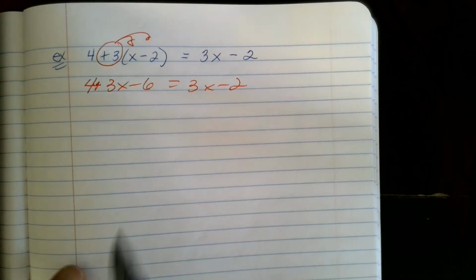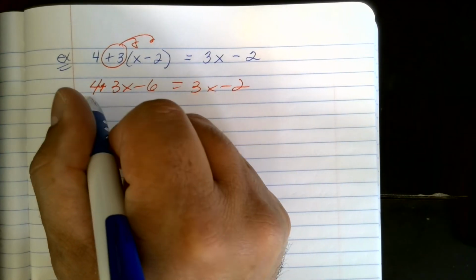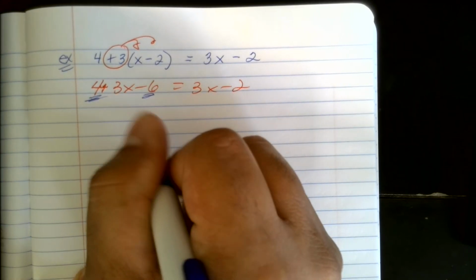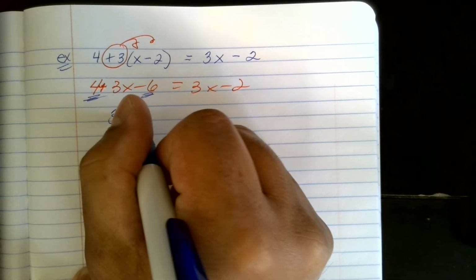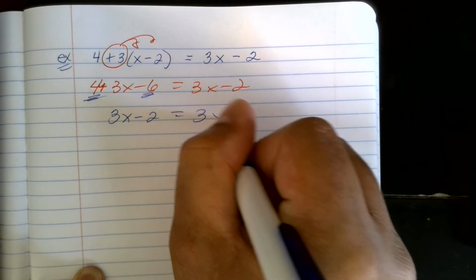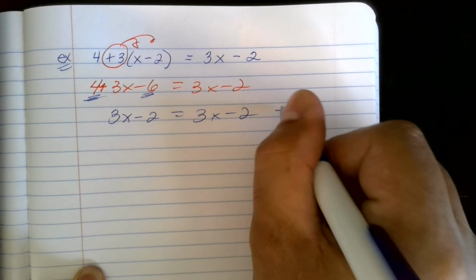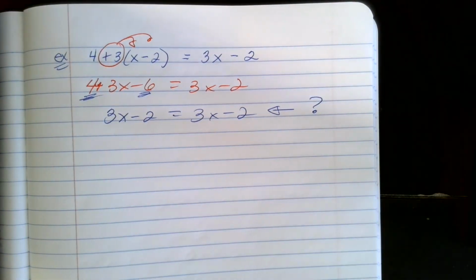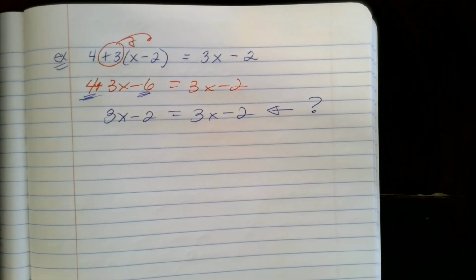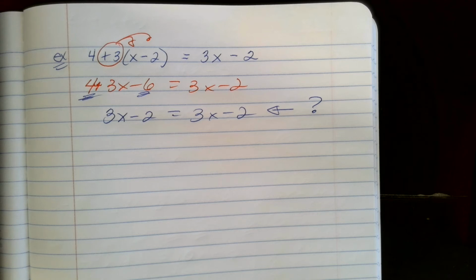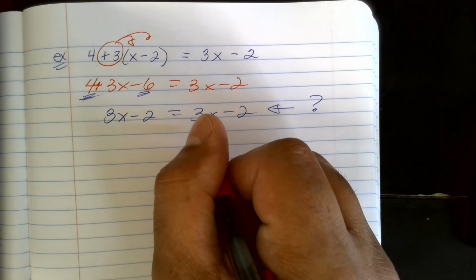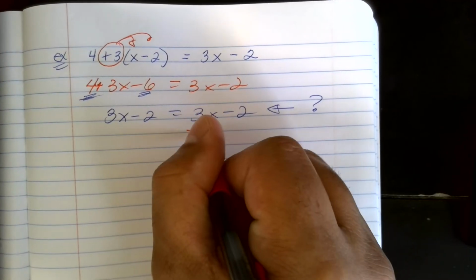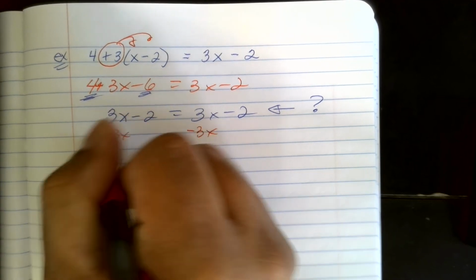I want to combine my like terms. On this side, it looks like I have a 4 and a negative 6. So I'm going to have 3x minus 2 is equal to 3x minus 2. Well, this looks suspicious. If I subtract my x's, I have x's on both sides, what's going to happen here?